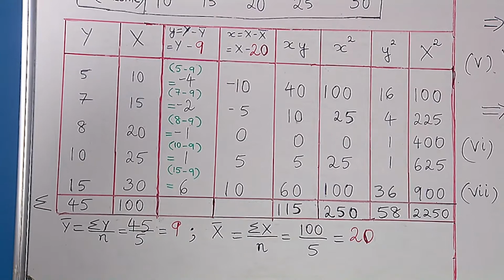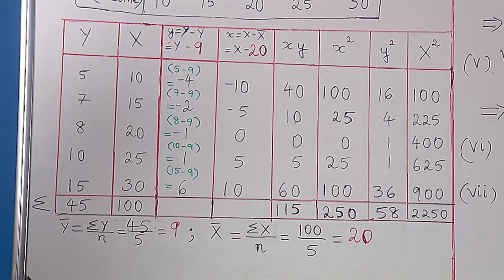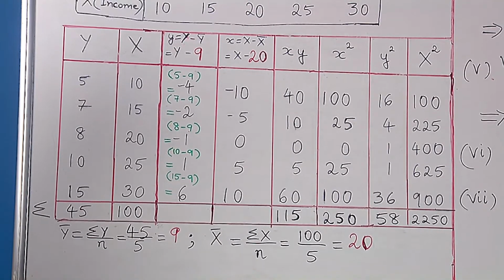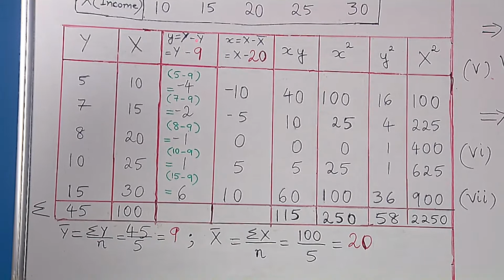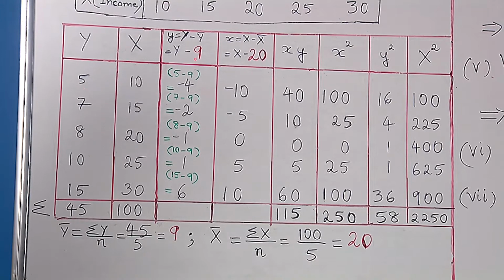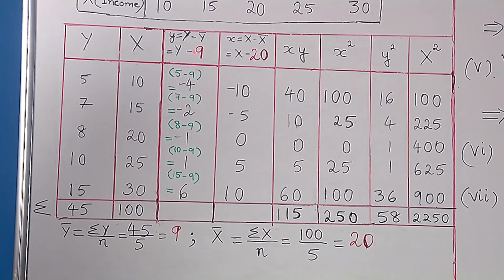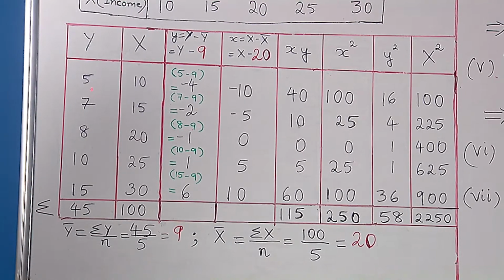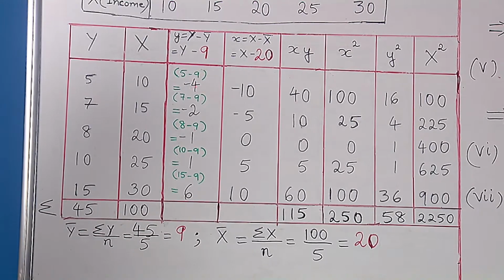The next step is the third column showing the deviation y, and it is formulated as y minus y bar. So, it is nothing but the difference of y and the mean y bar. Here the mean is 9. So, take each element in the column y and subtract 9 from it.